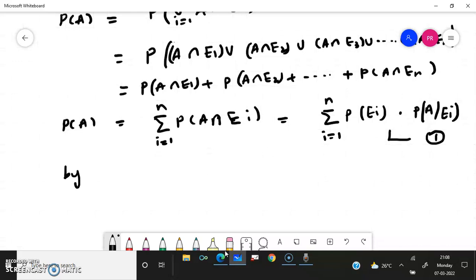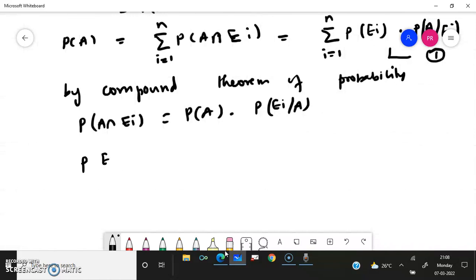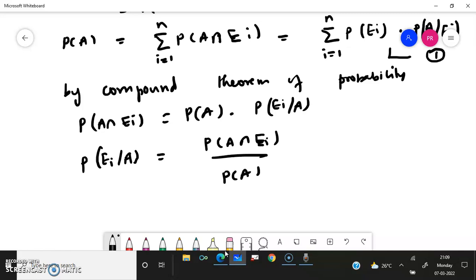By the compound theorem of probability, P of A intersection Ei is nothing but P of A into P of Ei given A. So P of A can be taken to the denominator: P of Ei given A is P of A intersection Ei divided by P of A. What is P of Ei given A?